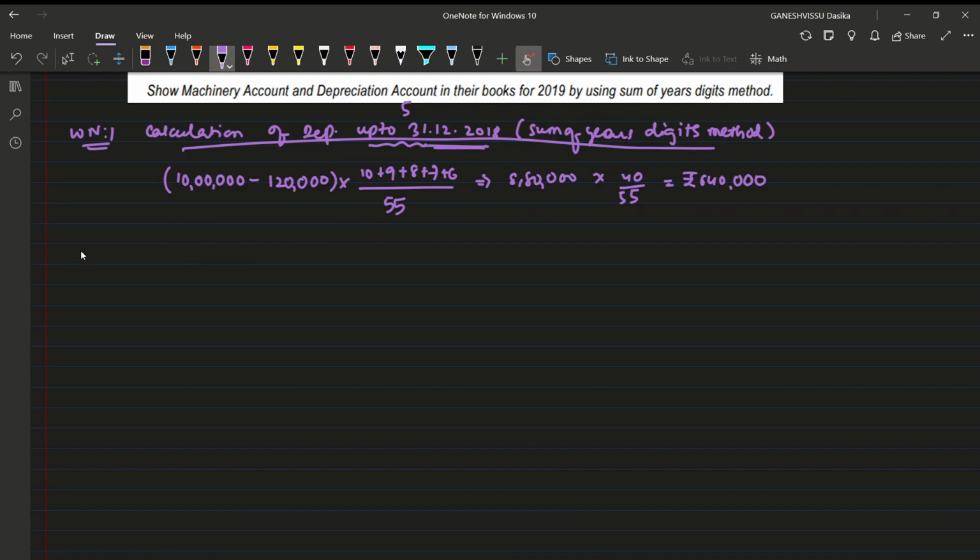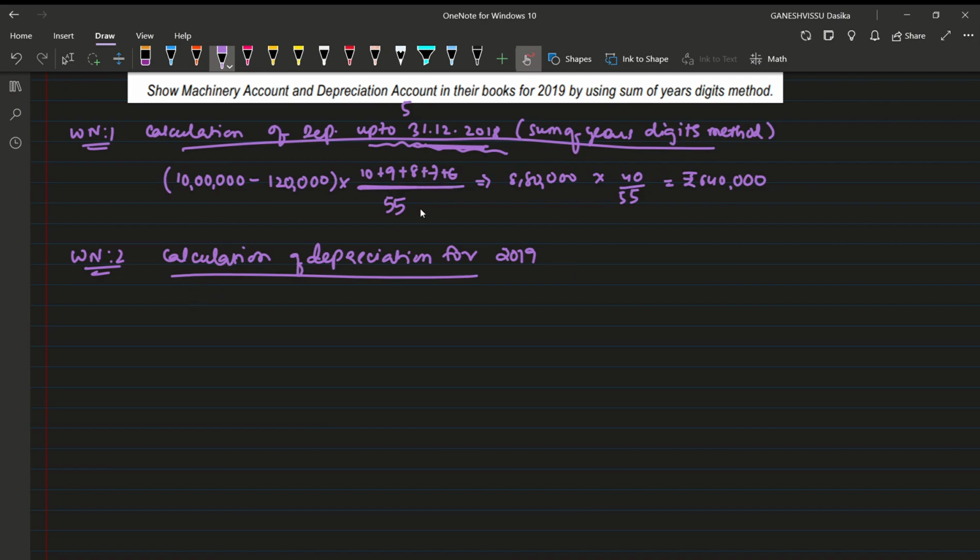So what is the written down value? Calculation of depreciation for the 2019 year. Up to 2018 means we have calculated backwards 10 plus 9 plus 8 plus 7 plus 6, right?